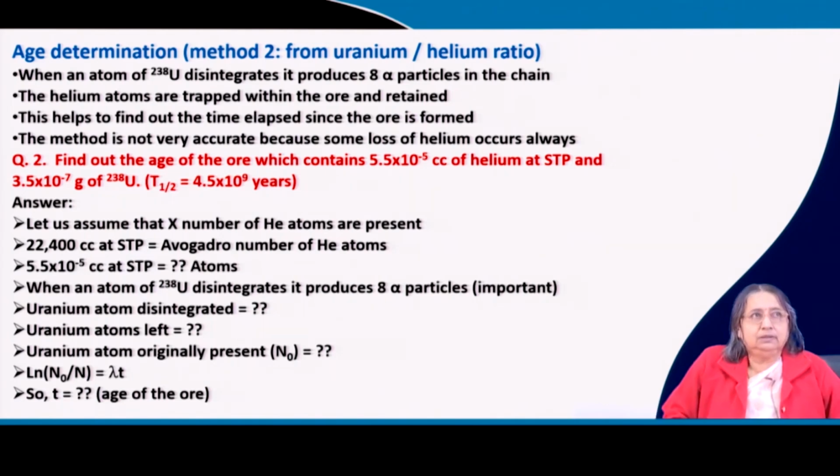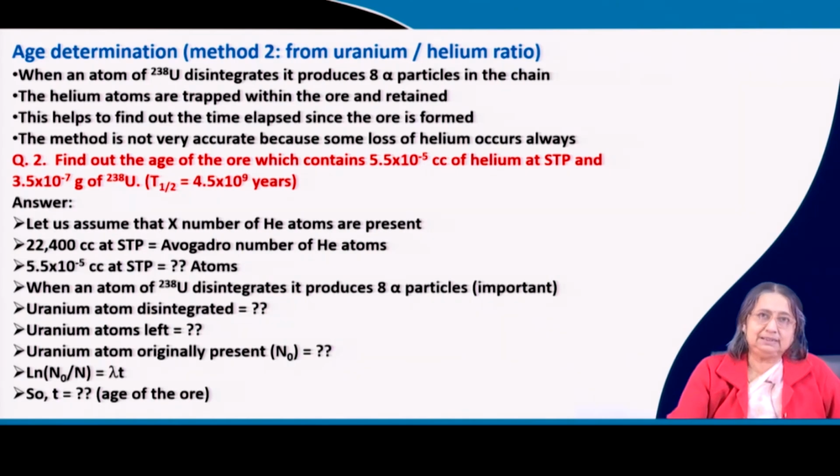How can you know that it is helium? You can easily find out from atomic spectra. If you see the atomic spectra, you will get the characteristic spectra of the helium atom, so that way you can understand that this is helium.